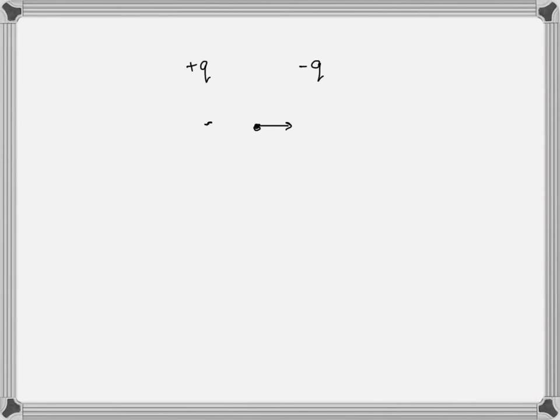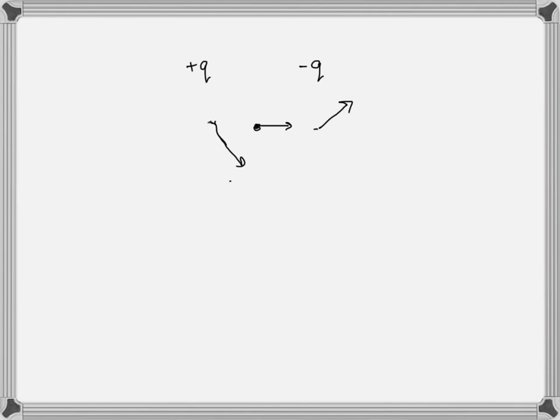This point is closer to plus Q, so the field due to plus Q would be like that, and the field due to minus Q would be like that, because we're farther from the minus Q than the plus Q, so it's asymmetric. We'd have to add those two, so the net field is sort of in that direction. That's the field at that point. And what's the field at this point? It's going to point more towards the minus Q.